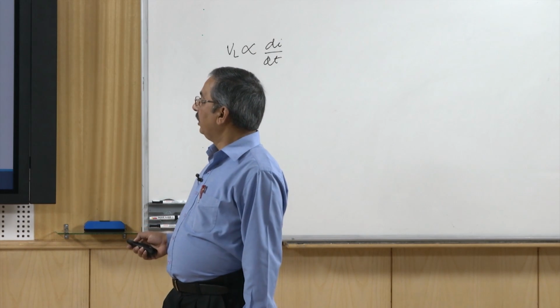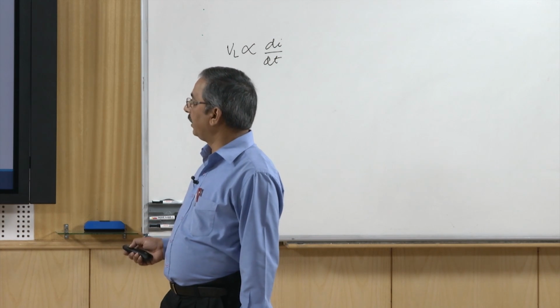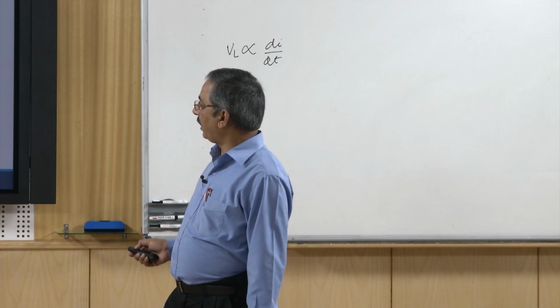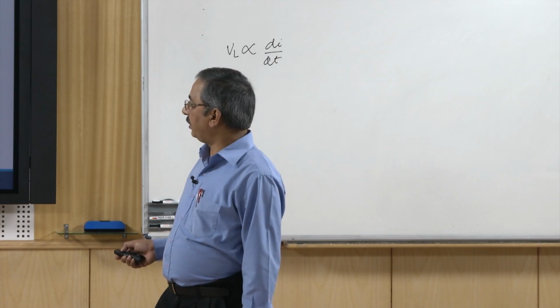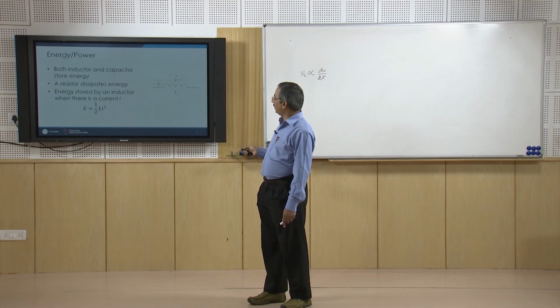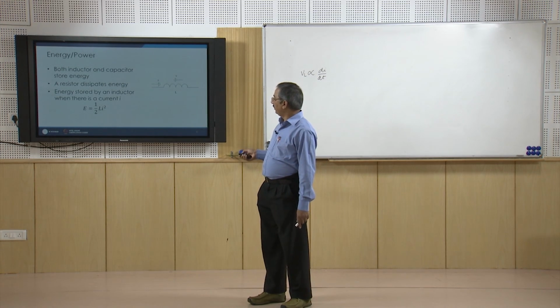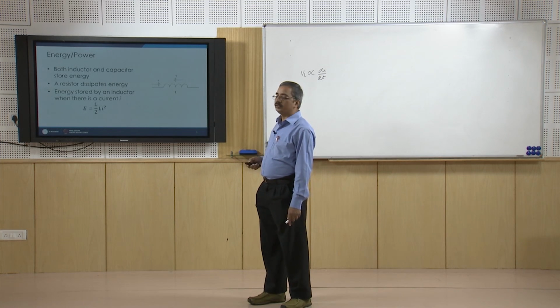So, energy stored by an inductor, when there is a current I through it, is given by half L I square. I am not working on the derivation of it, you might have studied, it is just a review for you, that this is how we write the expression for the energy stored in an inductor when there is a current I through it.